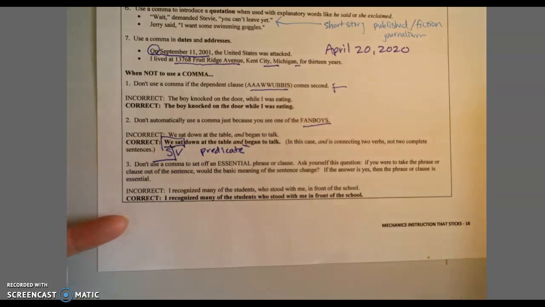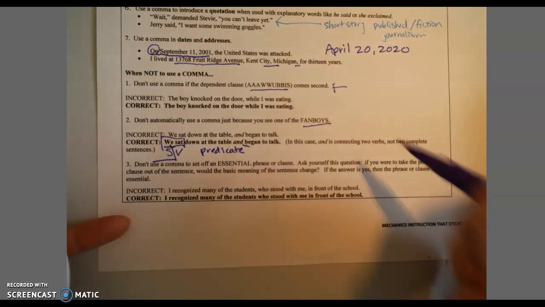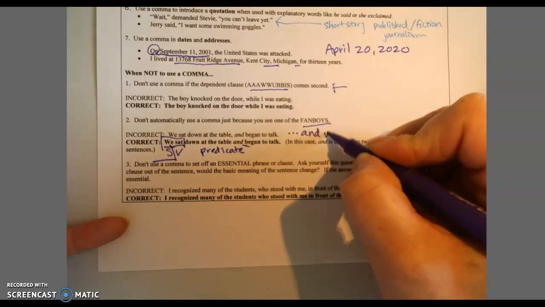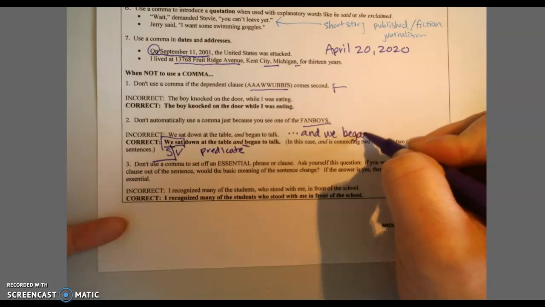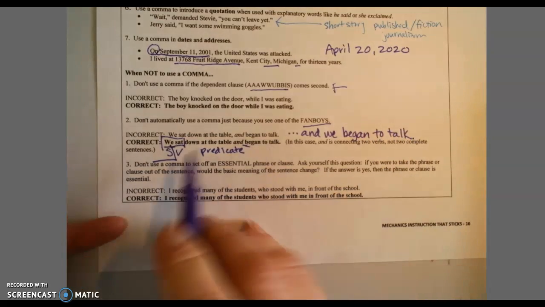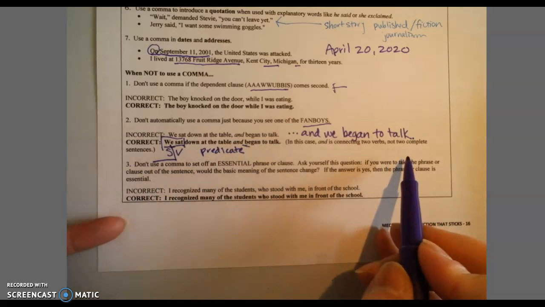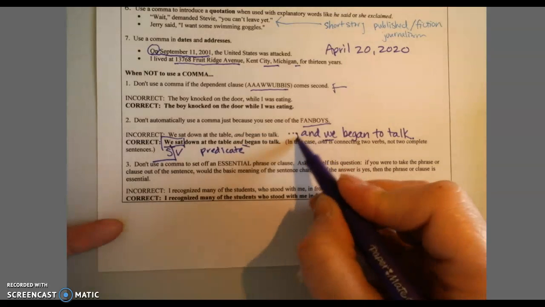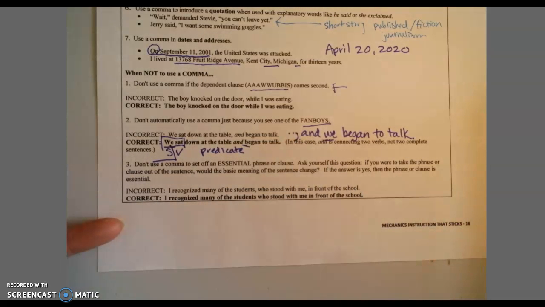There's no subject here. If it said, and we began to talk, right? So if it said, we sat down at the table and we began to talk, we now have a subject. So then you would have to have a comma joining two.